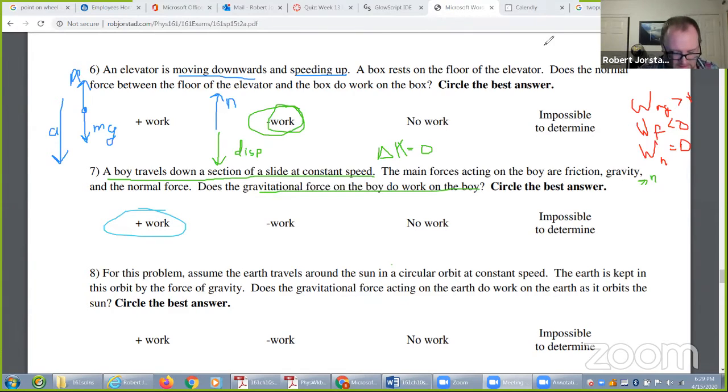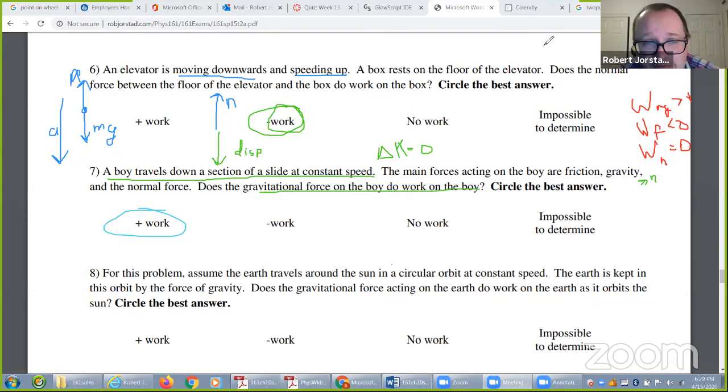As long as moving down and normal force up, work normal equals, yeah, it's all about the displacement. So that was a trick question. The acceleration has nothing to do with the sign of the work.